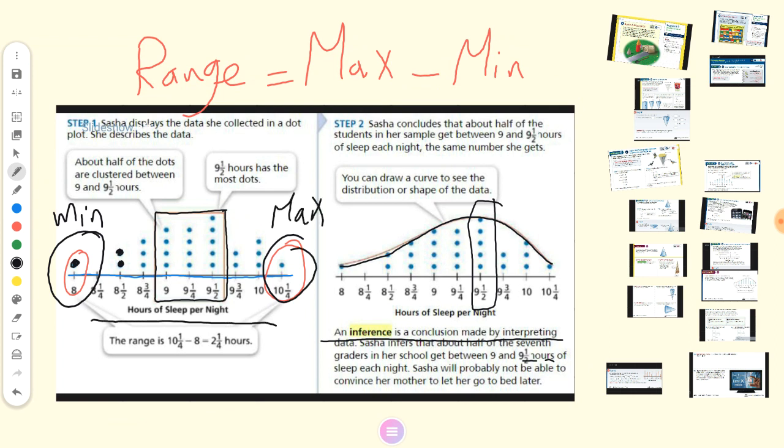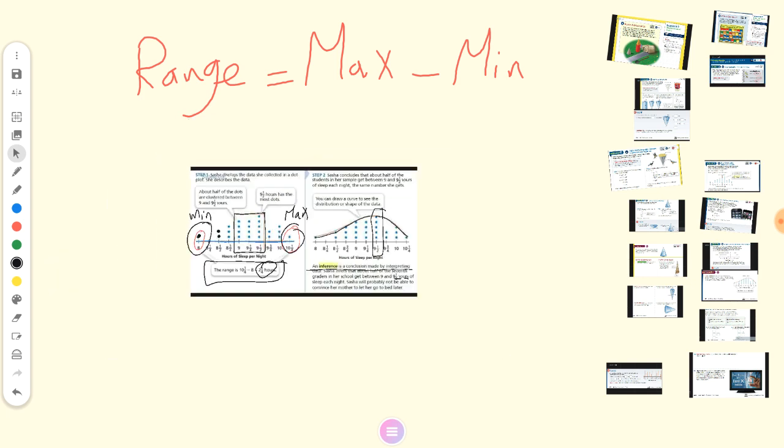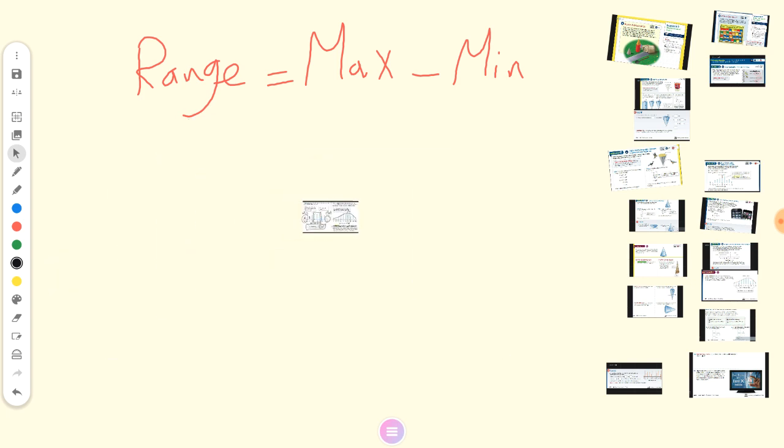To get the range, you have to subtract them. It will be 2 and a quarter. The range is maximum value minus minimum value. This is the range of the samples, because if you open the range more than that, it will be useless. It must be a specific sample range.